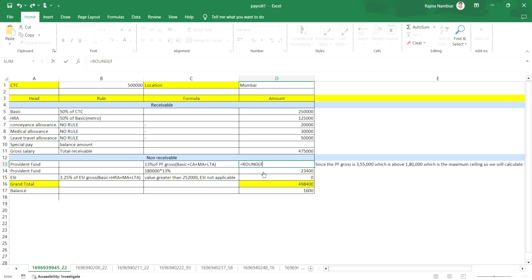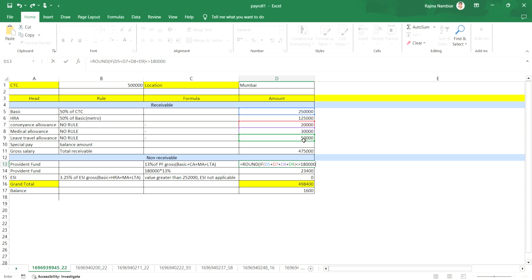So put the condition: if basic plus HRA is not considered for calculating PF, we'll consider all the elements, conveyance allowance plus medical allowance plus leave travel allowance, is less than or equal to 1,80,000. Okay, this is the ceiling.